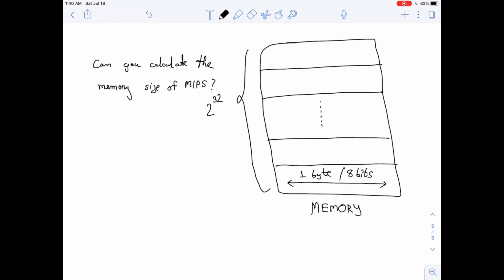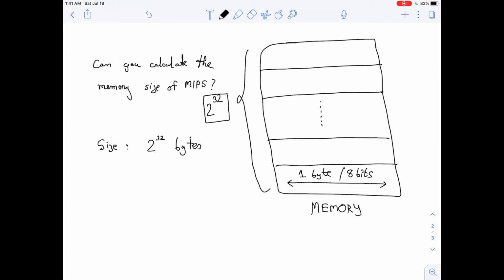How would you do that? You know there are 2 to the power 32 addressable spaces and each space is 1 byte. So that means the size of MIPS memory is 2 to the power 32 bytes.